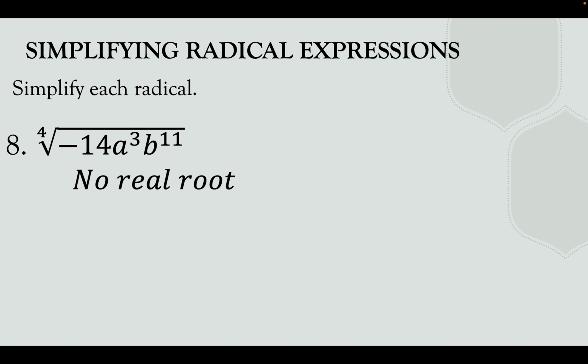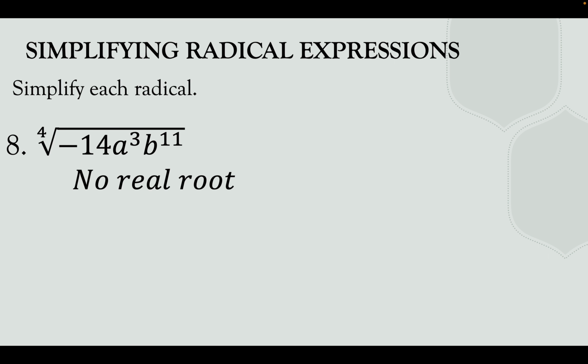Number 8, we have fourth root of negative 14 a raised to 3 and b raised to 11. Now, let's recall the rule of radicals. If you have a radicand that is a negative value and your index is an even number, that means there is no real root.